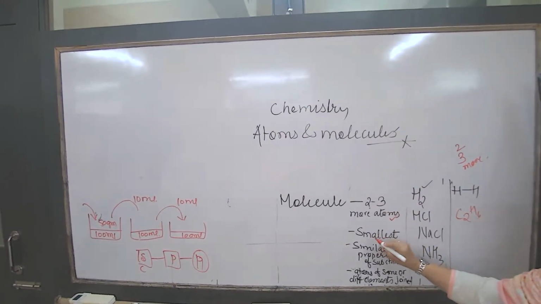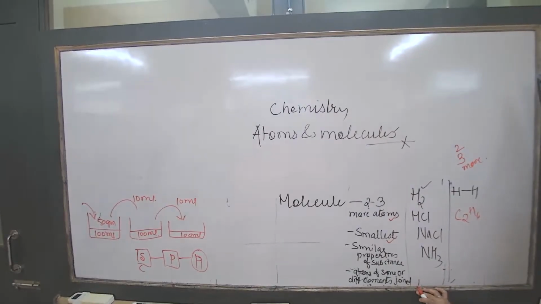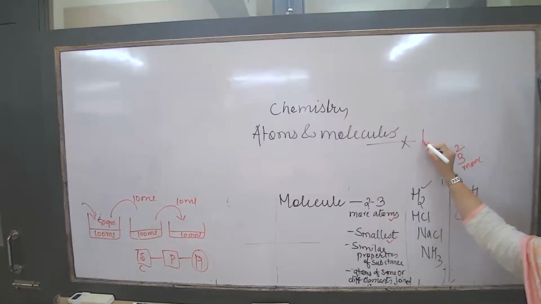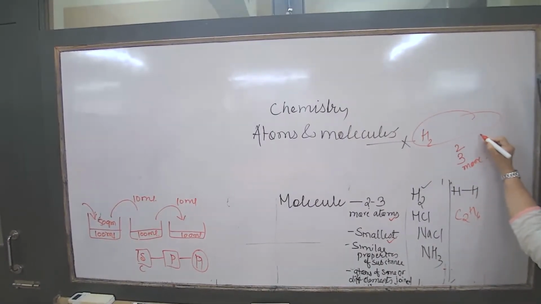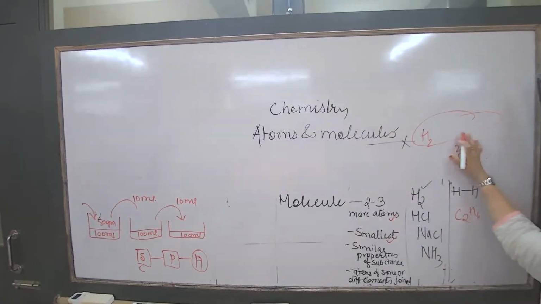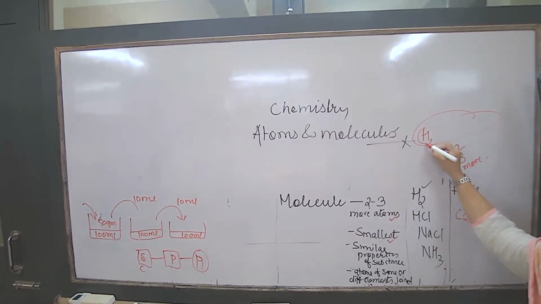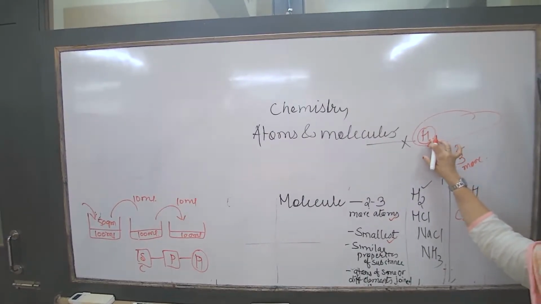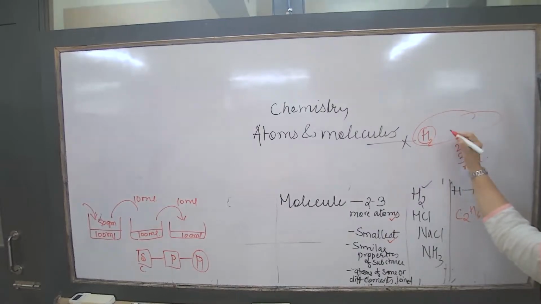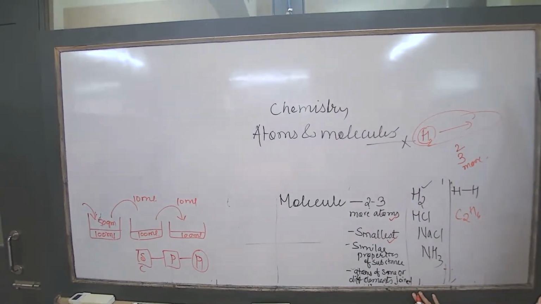Next, the molecule is the smallest part of the compound. For example, if you have hydrogen gas completely filling this cylinder, and you take one molecule which has the formula H2, this molecule will have properties similar to the gas present in that cylinder.